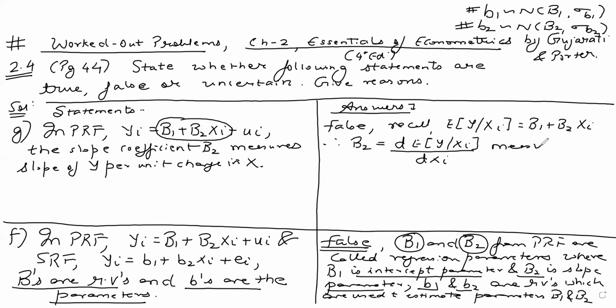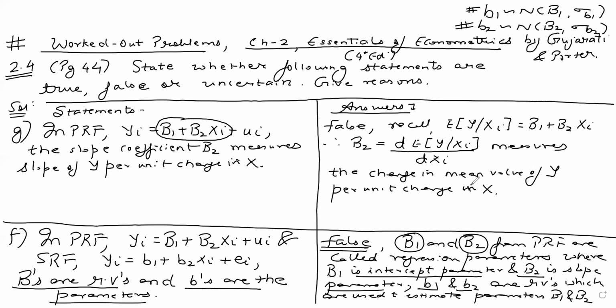So b2 measures the slope. It measures the change in the mean value of y, not only value of y, mean value of y, per unit change in x.